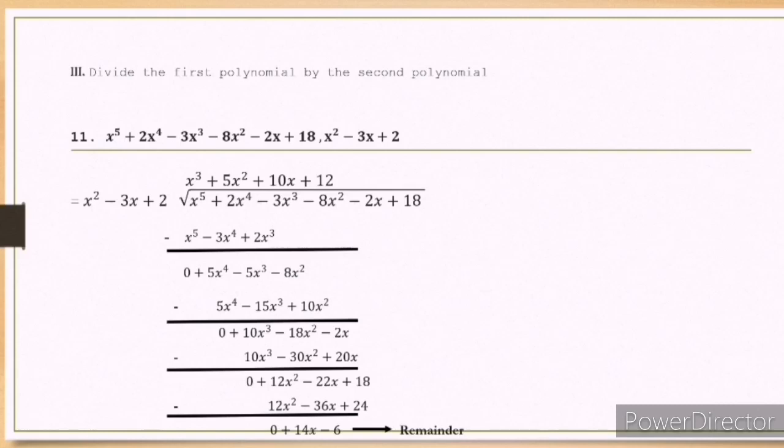Then subtract: 12x squared minus 12x squared is equal to 0. 18x minus negative 36x is equal to 54x. 18 minus 24 is equal to negative 6. Then 0 plus 14x minus 6 is the remainder.